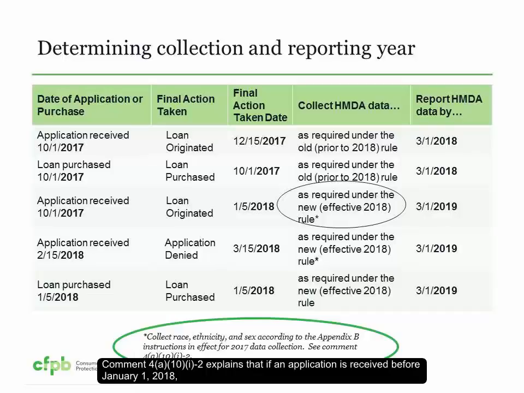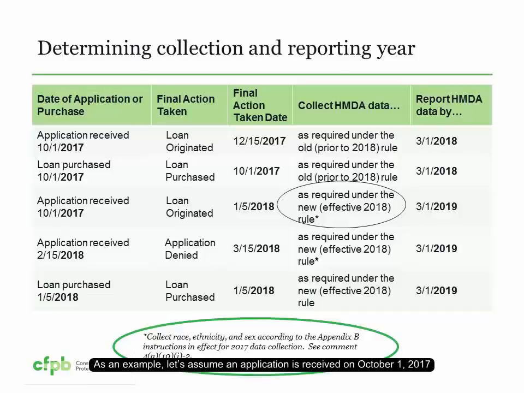Comment 4(a)(10)-1 and -2 explains that if an application is received before January 1, 2018, but final action is not taken until on or after January 1, 2018, the financial institution complies with the final rule if it collects the applicant's race, ethnicity, and sex in accordance with the requirements in effect at the time of application.